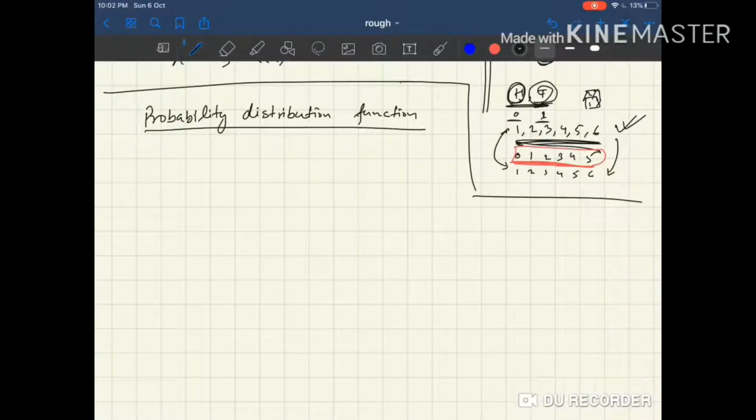So we define this probability distribution function, denoted by a function F with a subscript of the random variable U, which will be a function of those real values assigned for each event. So we write F_U(u) as the probability of U having value less than or equal to u.